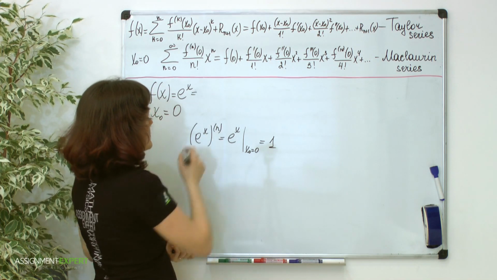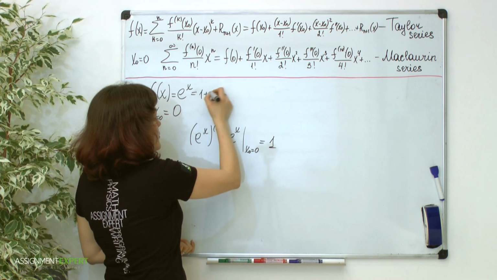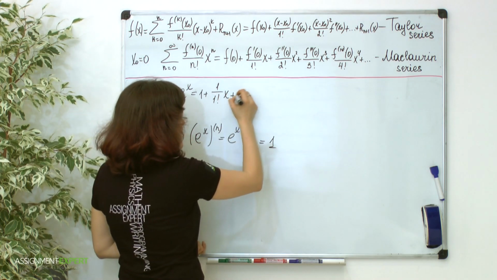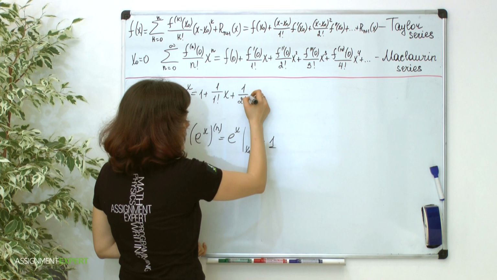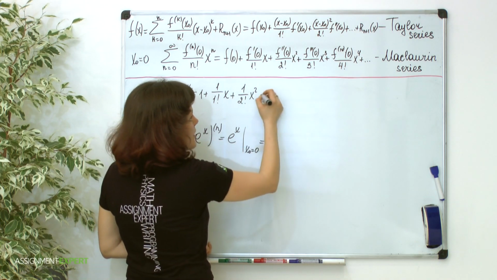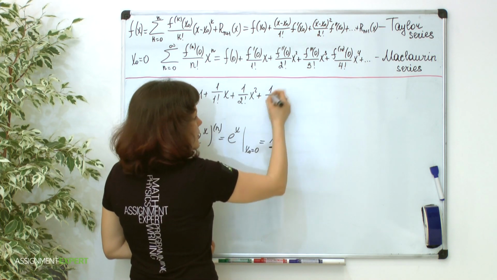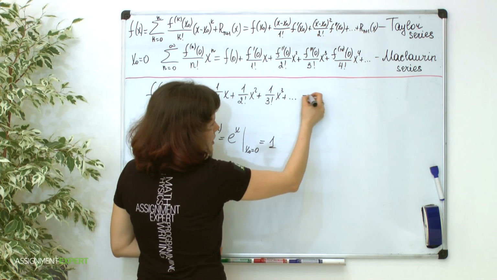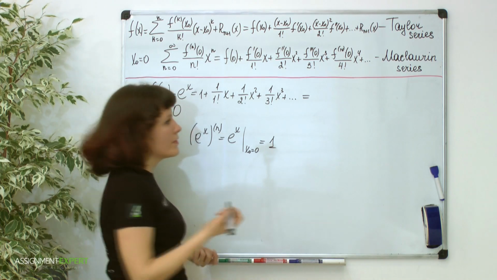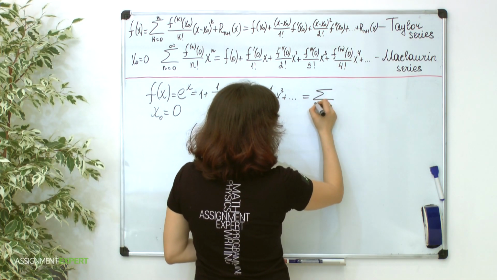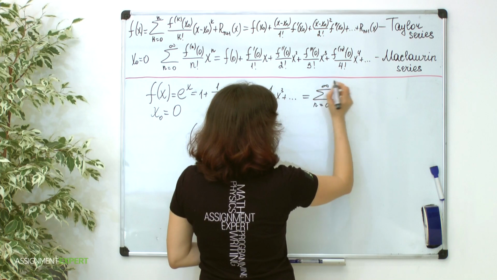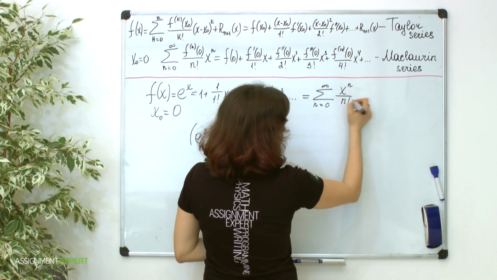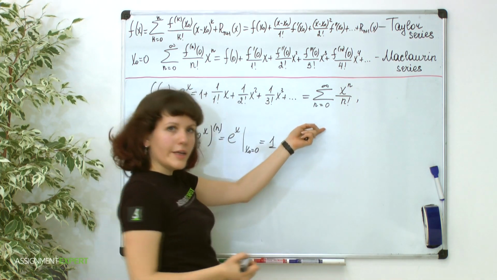Exponential of x equals 1 plus 1 over 1 factorial times x plus 1 over 2 factorial times x squared plus 1 over 3 factorial times x cubed plus and so on. Or in compact notation, that is equal to summing from 0 to infinity x raised to the nth power over n factorial, and it holds for any real x.